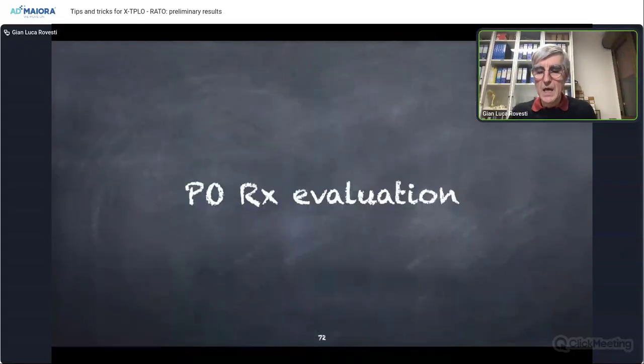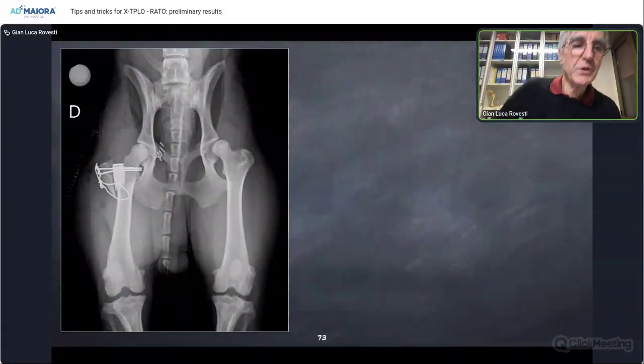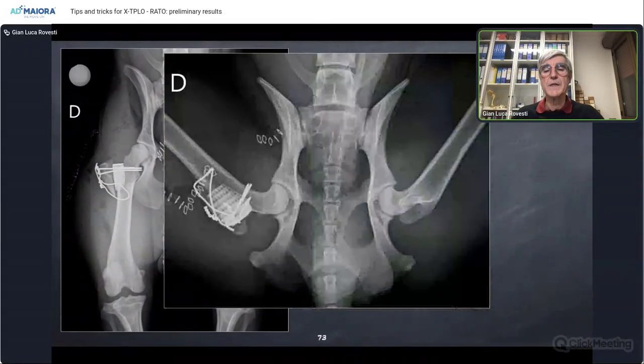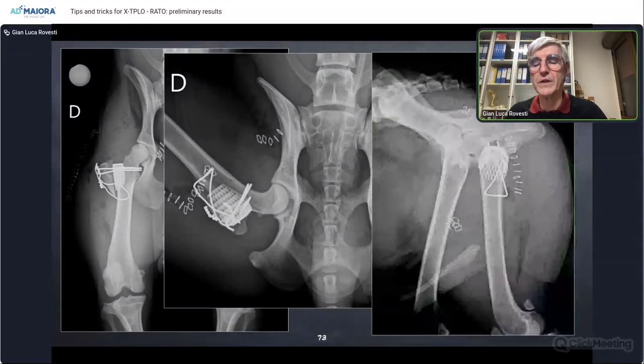The post-op evaluation is like this. We should perform more or less the same procedure. I don't perform the dart projection post-op simply because it's a little bit stressful for the hip, so I perform the lateral projection.